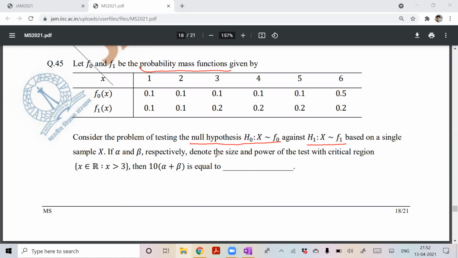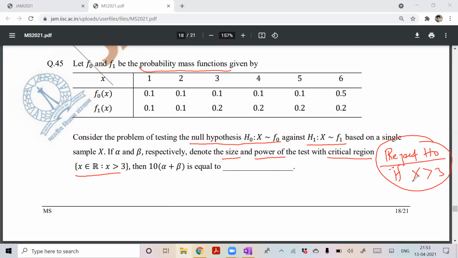Alpha and beta respectively denote the size and power of the test with the critical region this. So critical region means you will reject H0 if X is more than 3. Critical region means in what region you will reject the null hypothesis.